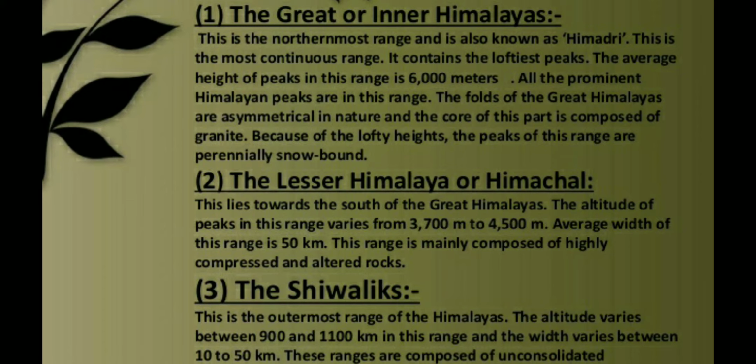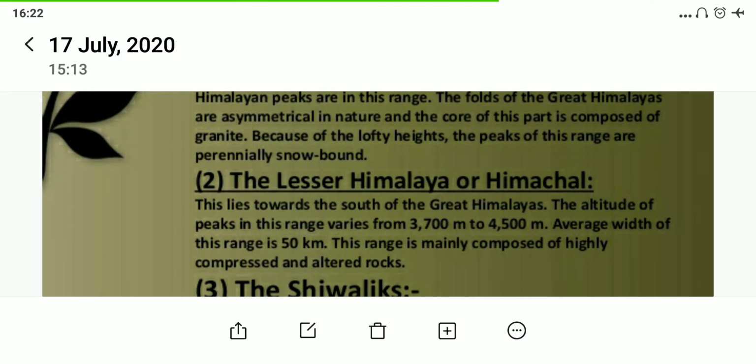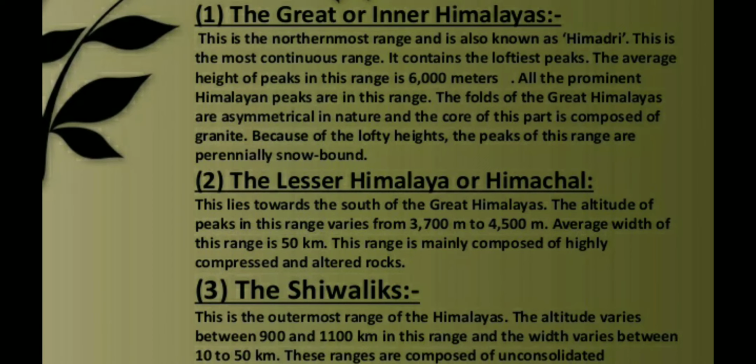Does the achal of your sari go down to your feet? It does not. So we have another part after it. So Himadri, the uppermost part, and then Himachal. Clear? This lies towards the south of the Great Himalayas.